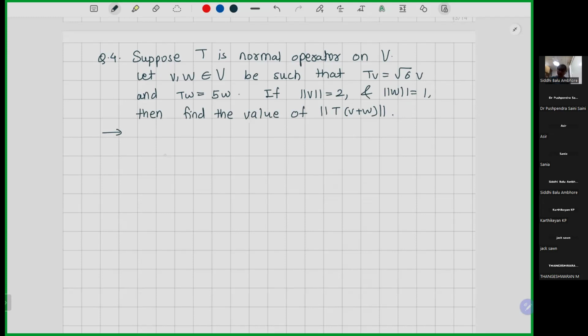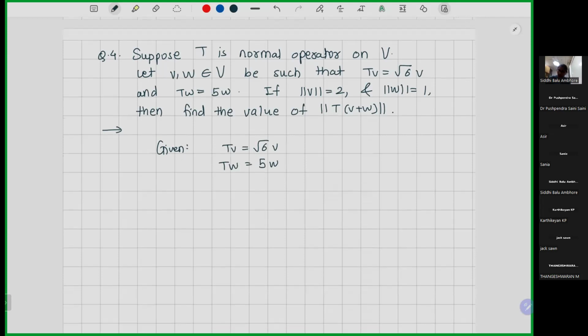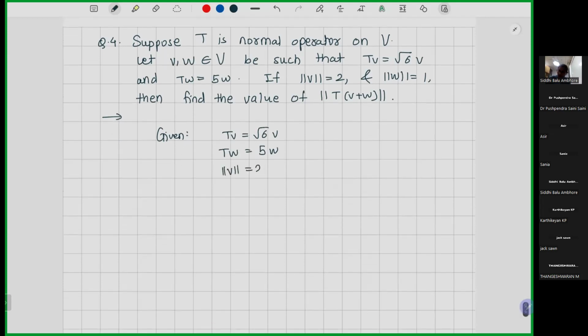Okay, so we have to find the value of the norm of T(V plus W). Given is TV is root 6 V and TW is 5W, the norm of V is 2, the norm of W is 1, and T is normal, an important thing. Any guesses how to proceed?